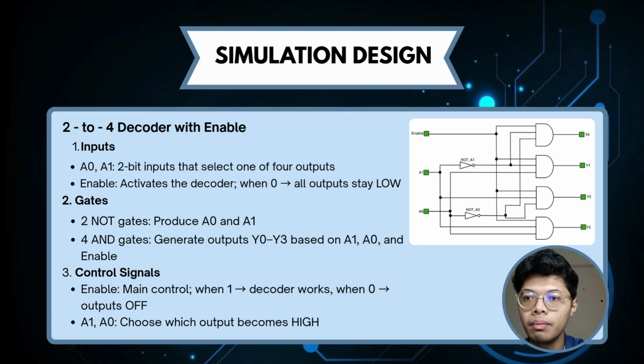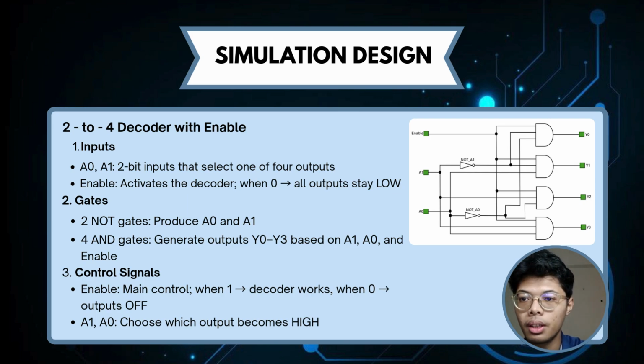Then enable activates the decoder. When enable is 0, all outputs stay low, meaning a control input that turns the decoder on. When enable is 0, every output remains low, regardless of A0 and A1. And for the gates, 2 NOT gates produce the inverted versions of the input signals A0 and A1.